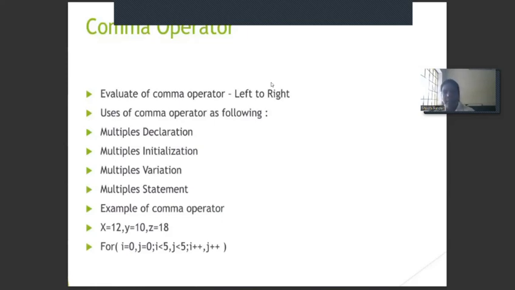Uses of the comma operator are as follows: multiple declaration, multiple initialization, multiple variation, multiple statements. Example of the comma operator: x = 12, y = 10, z = 18. These are the three variables we have declared using the comma operator.